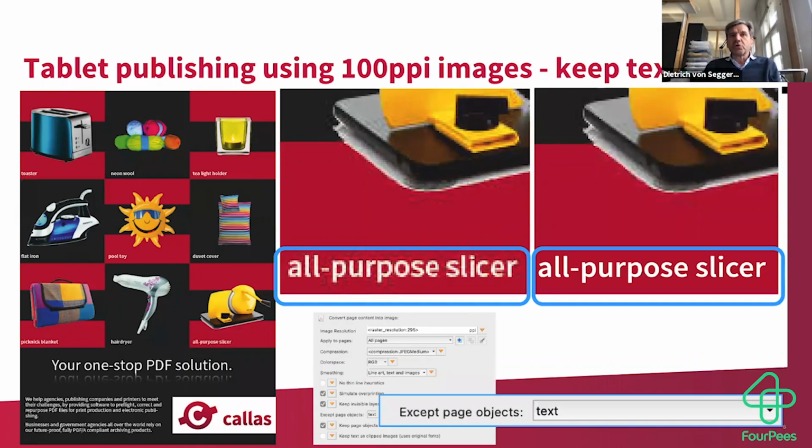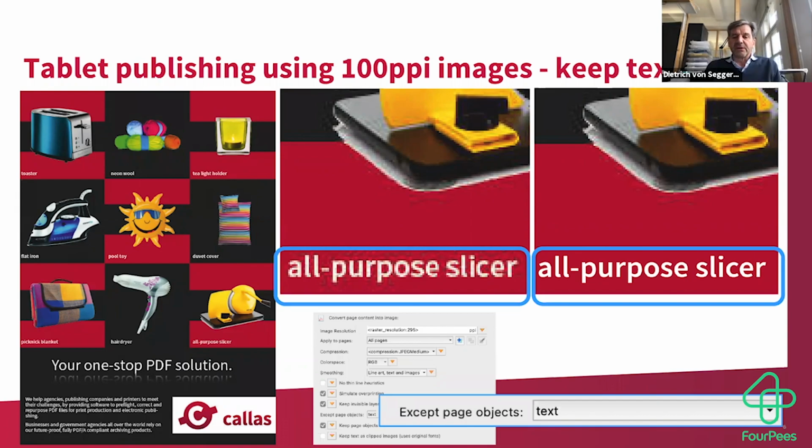An obvious solution is just render everything. So just convert everything into an image except text. And that became possible, I think, in pdfToolbox 12.0. So there is a filter that you can say in the convert page content into image fix up.